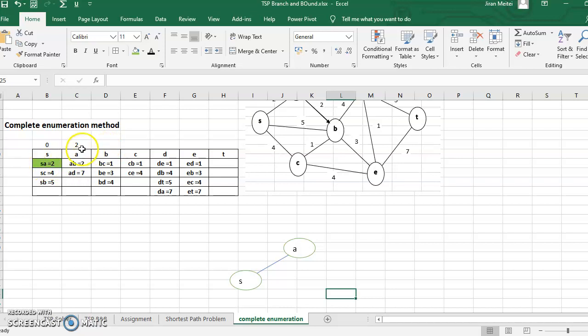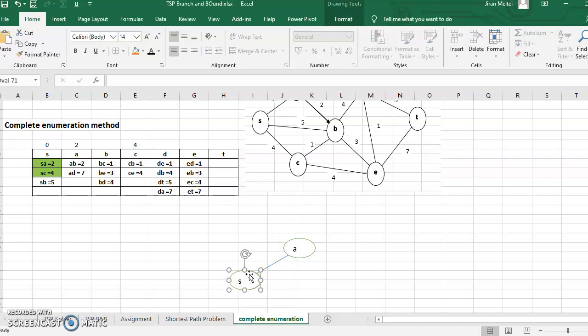So 2 plus 2 is 4, you can go to B, and 0 plus 4 is 4, you can go to C. Let me select this option. So I'm moving from S to C with a distance of 4.